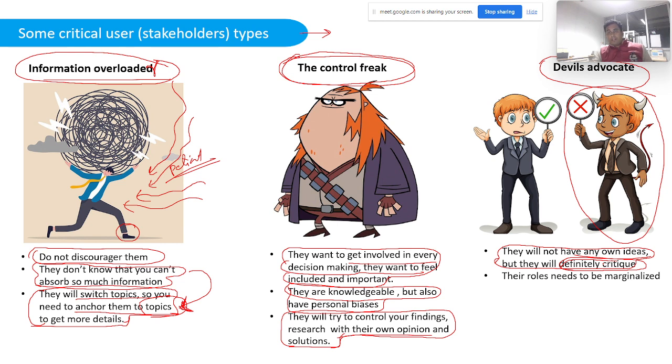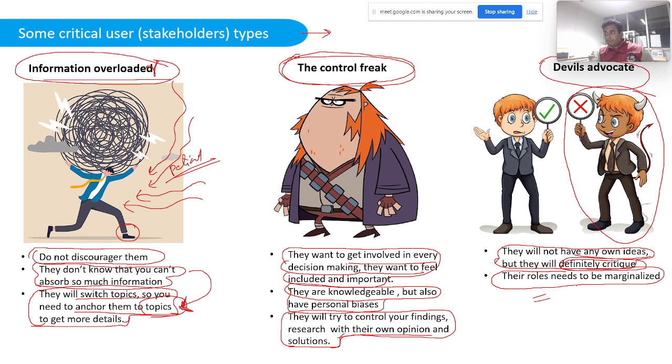Whenever you try to gather some requirements, they may critique that those requirements are not important. Probably when you try to ideate some solutions, they will again critique. So their roles are generally very minimal in user research, and you try to marginalize their roles in the design process. However, they are also important because sometimes those critics may give the correct direction to your analysis, to your thought process.